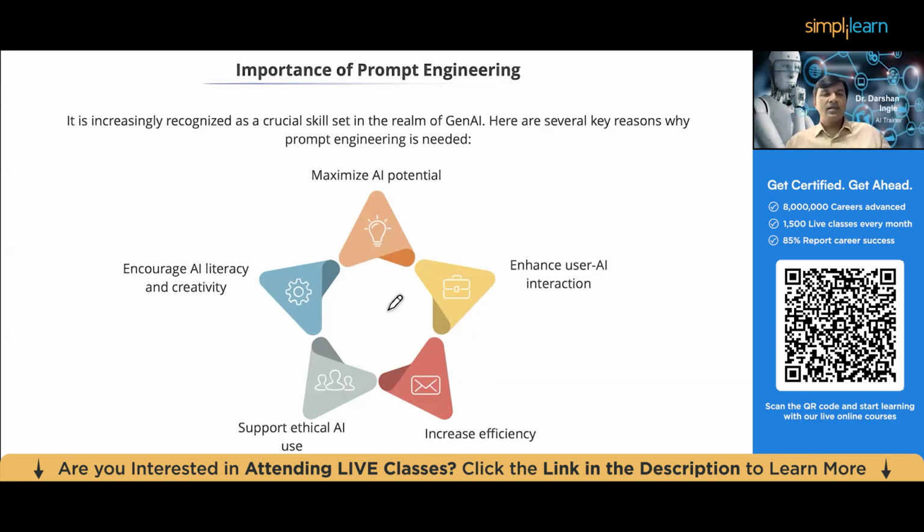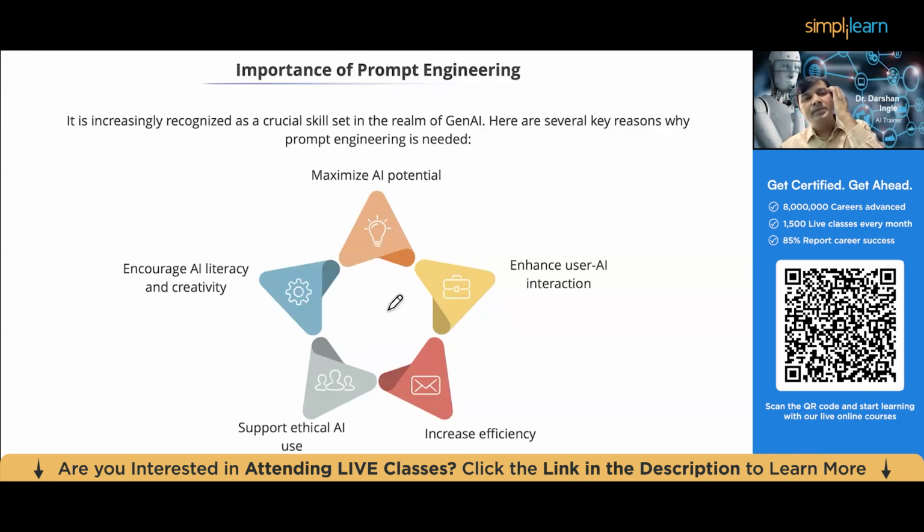The better your instructions, the more human-like and useful the responses. Third is increased efficiency. Well-designed prompts reduce the rework, no iterative prompting as we were discussing yesterday. So instead of spending 15 minutes rephrasing, you get the right output the very first time.